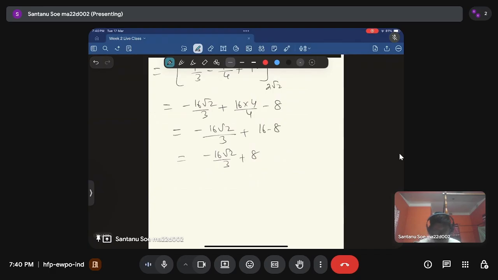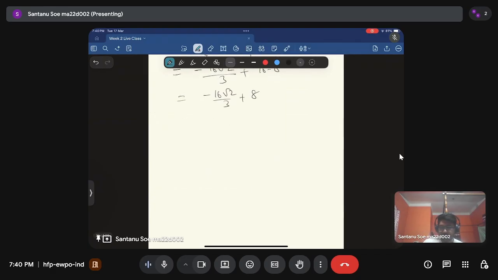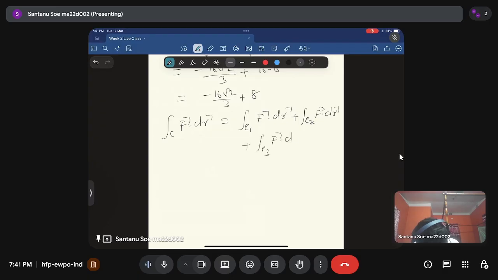Okay, so our total integration value will be the integral over C of f dot dr, equals the integral over C1 of f dot dr plus the integral over C2 of f dot dr plus the integral over C3 of f dot dr. So this is 16 root 2 by 3 plus 16 minus of 16 root 2 by 3 plus 8 plus 54 pi minus 120.